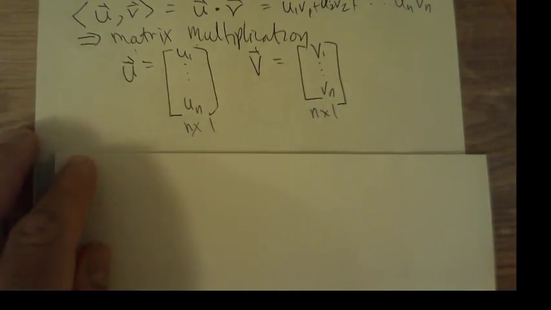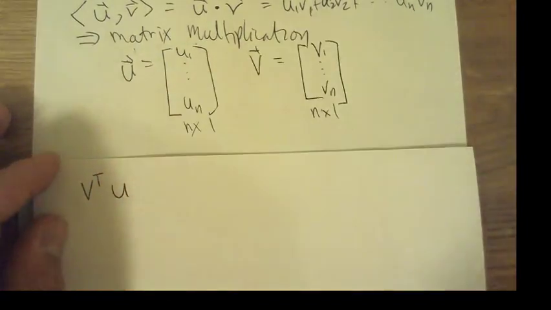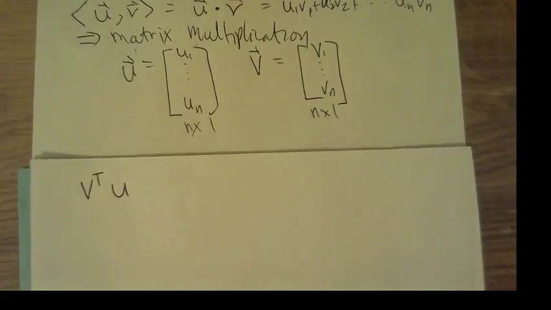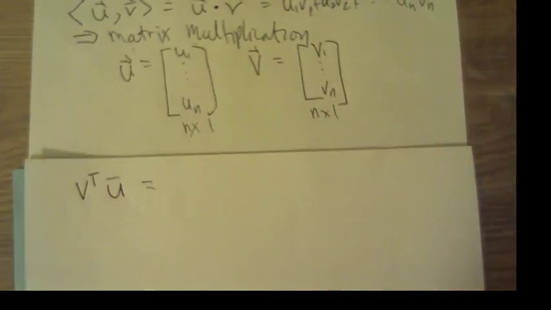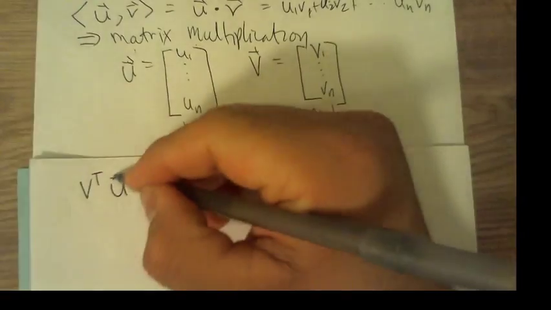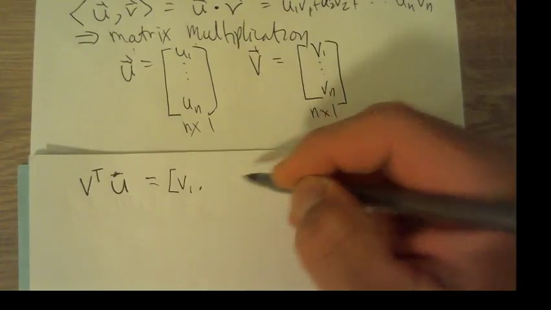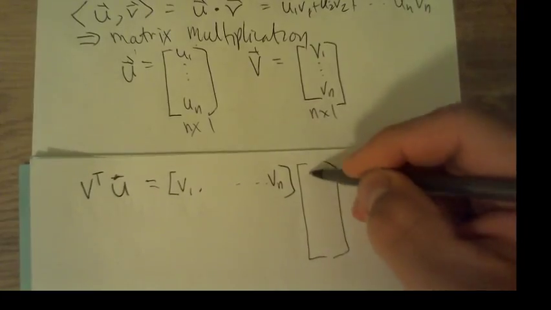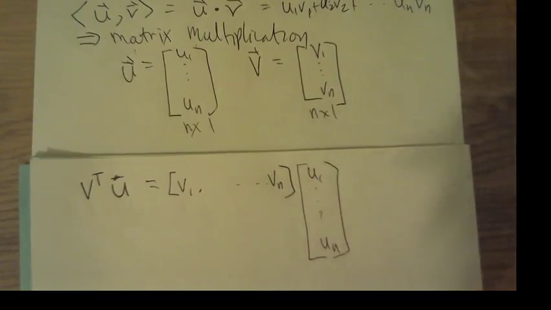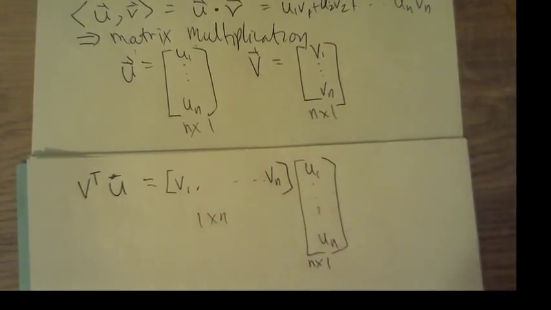All right, so if I think of my dot product, or the Euclidean inner product, in this manner, let me take a look at this product here, the V transpose times the matrix U. So V transpose would be V1 all the way to Vn, and then here we have U1 all the way to Un. So this is a 1 by n, and that's an n by 1.